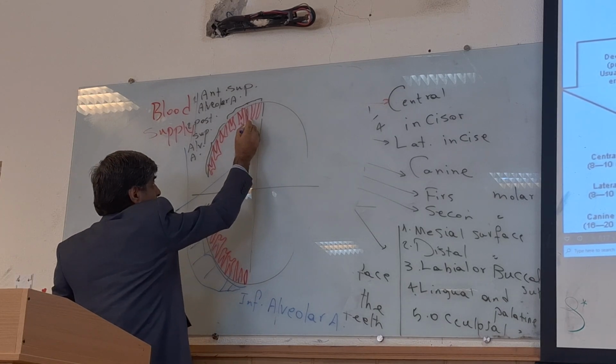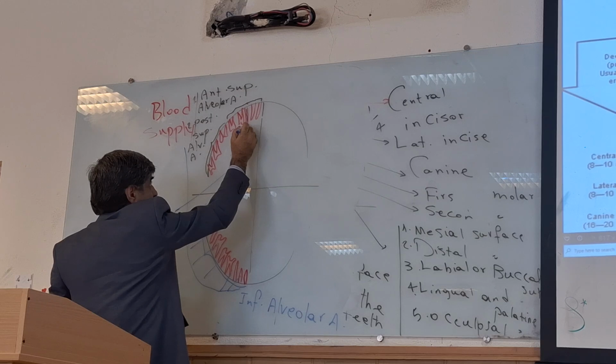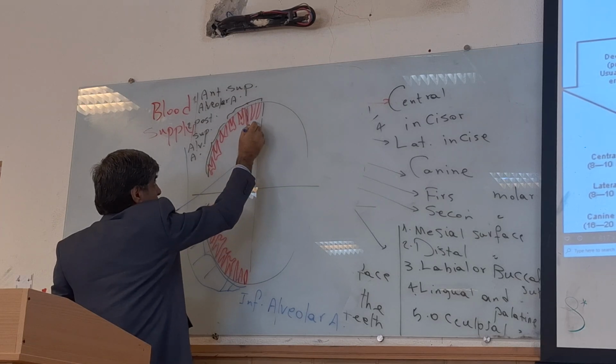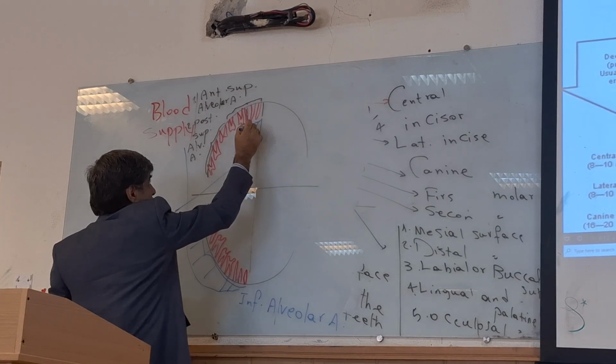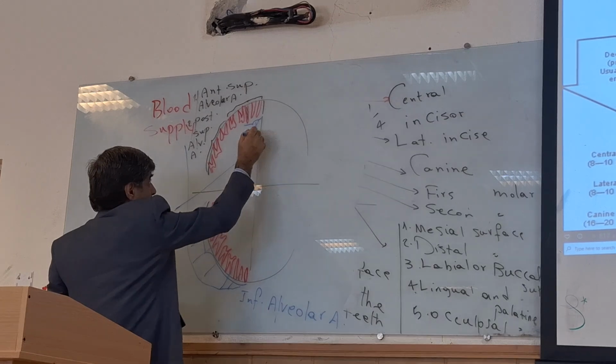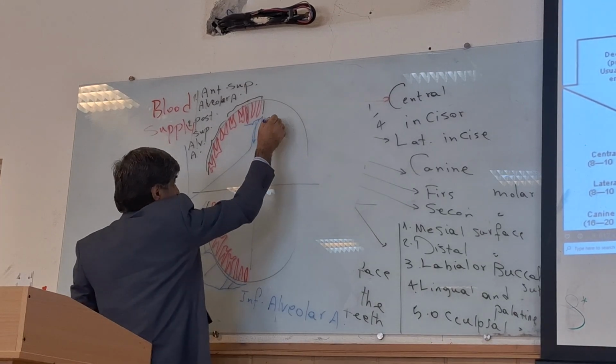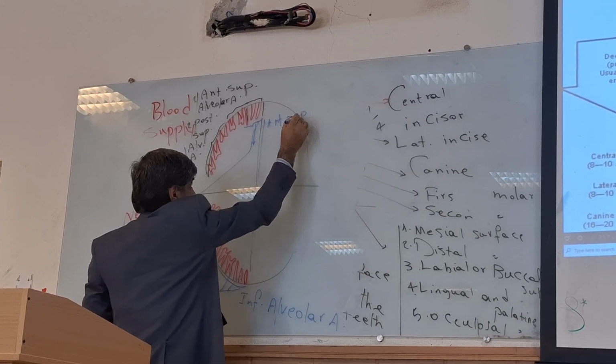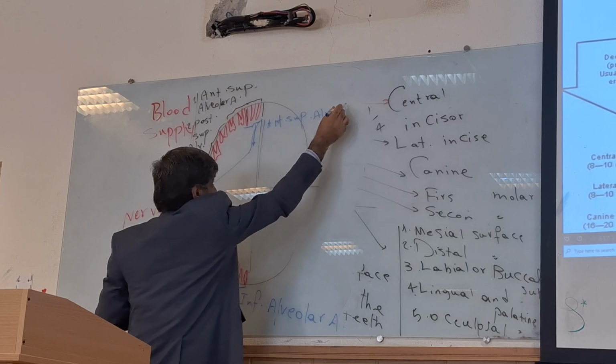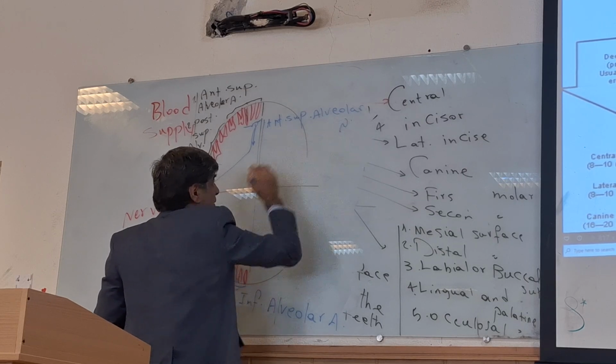Central, lateral incisor and canine: nerve supplied by the anterior superior alveolar nerve.